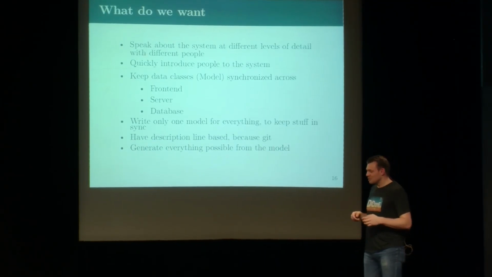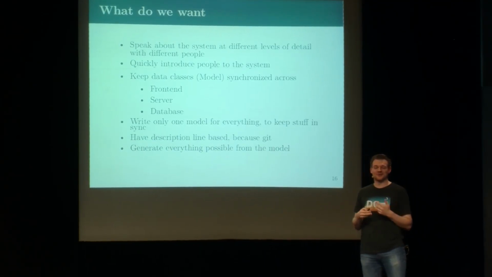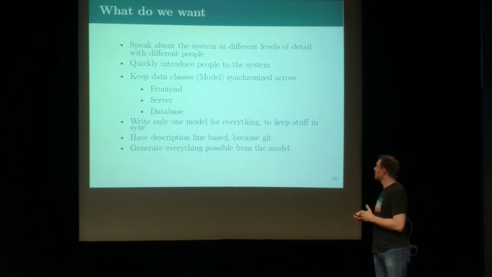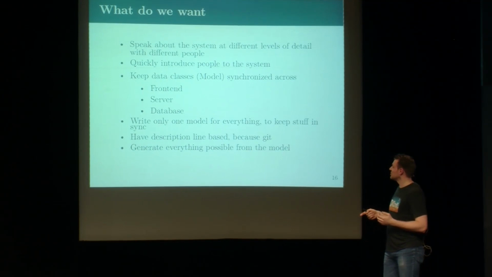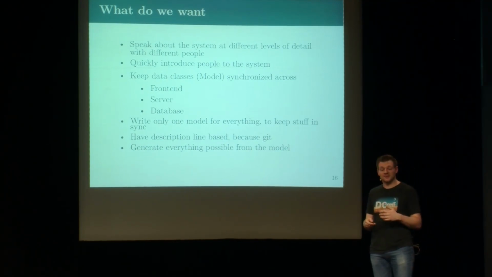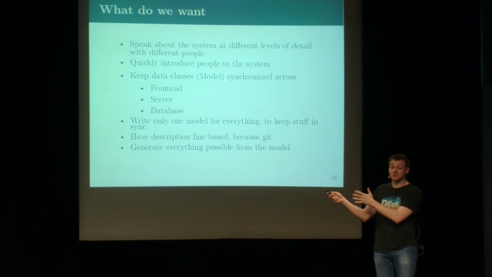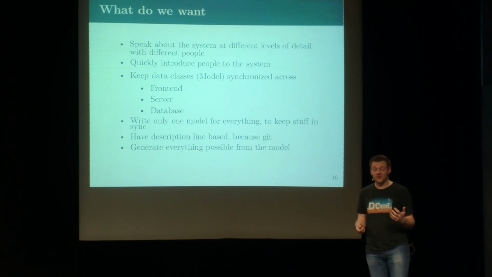So before I can get help, I sort of have to say what I actually want to do. What we want to do is speak about our system at different levels of detail. So we want the customer saying, yes, I want to have this button clicking there, or I want to be a person that does something with our system. He doesn't care about details.